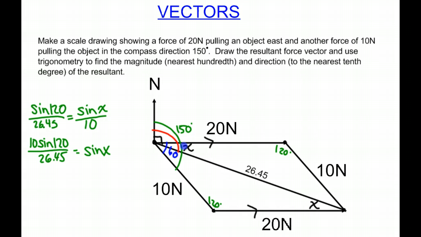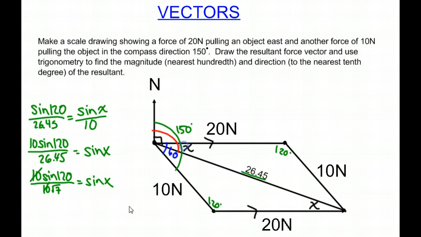And we know that our c, our 26.45, is really the approximated value of 10 root 7. So those 10s cancel out. And we know that sine of 120 is actually square root 3 over 2.